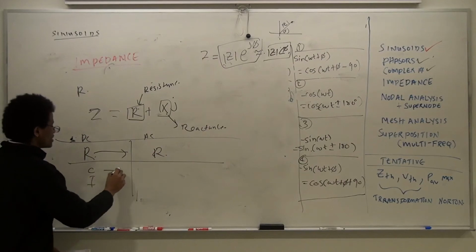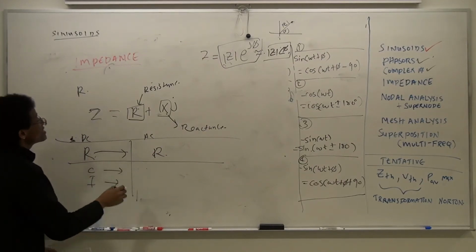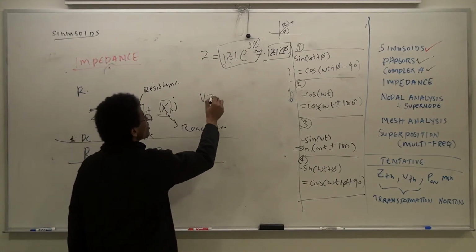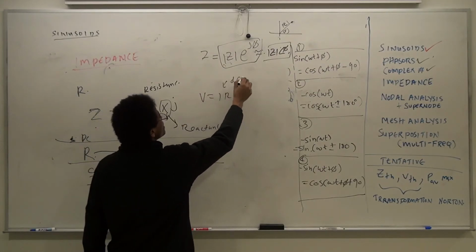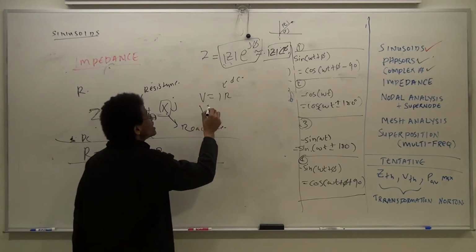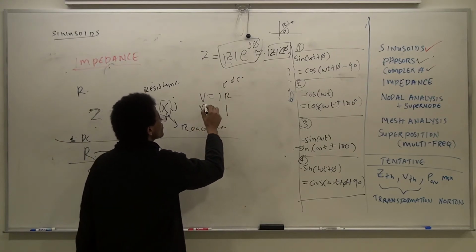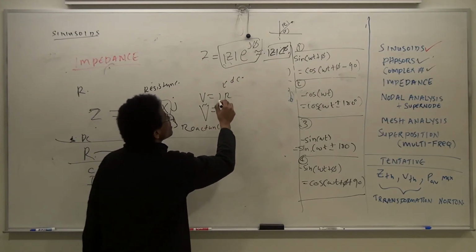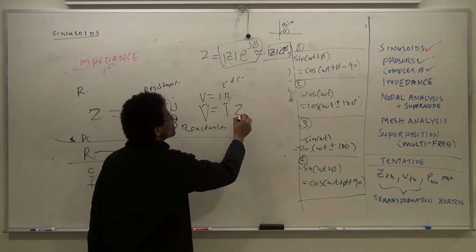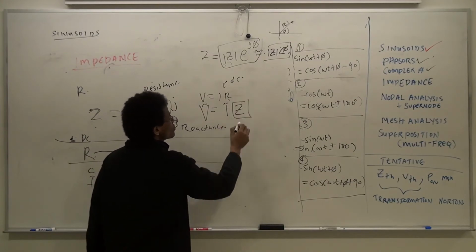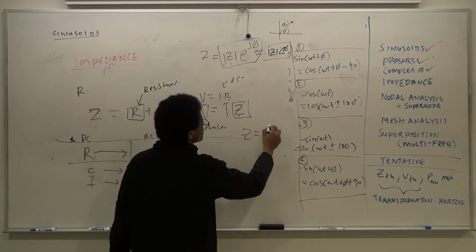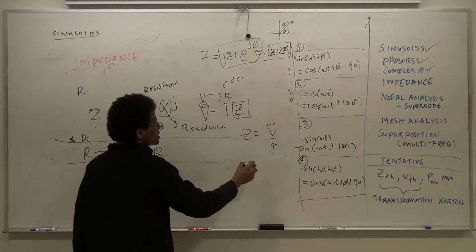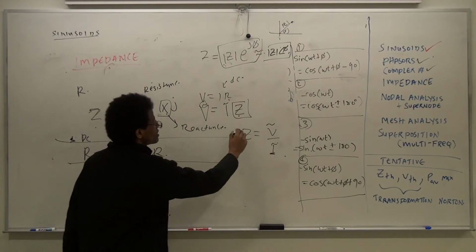We're trying to find out what the impedance is. The impedance is defined in the complex domain as follows. Remember how I got V equal IR on the DC? On the AC, V is equal to I as a phasor times Z in place of R. So impedance Z is equal to V over I. This is just phasor notation, maybe an abuse of notation in this course, but take it as is.